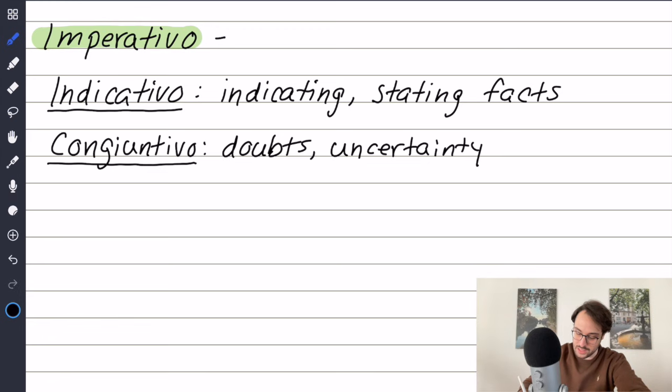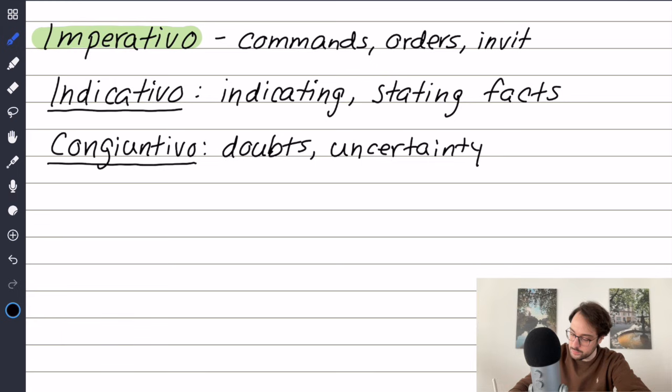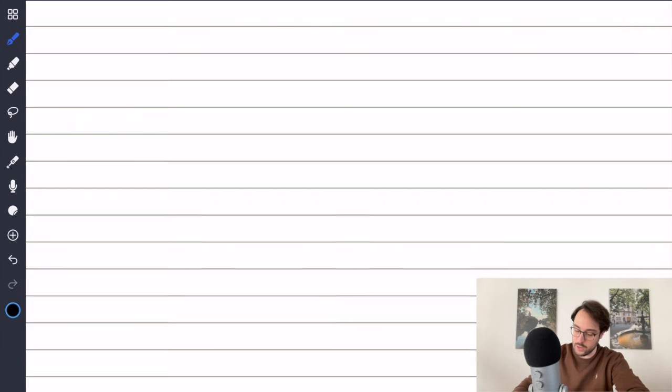What is the imperativo used for? This is for commands, orders, and invitations. So what does that mean in context? Like, how does that look actually in practice? I'm going to show you a few examples right away.